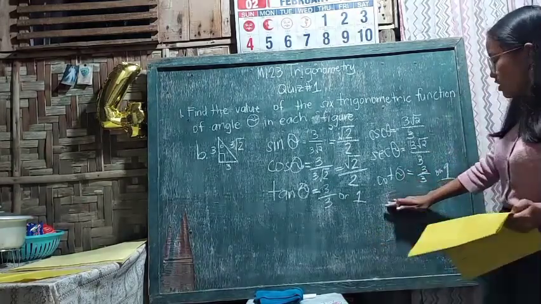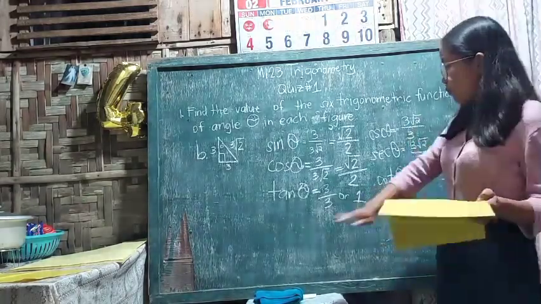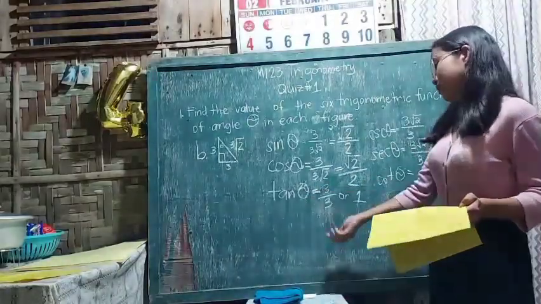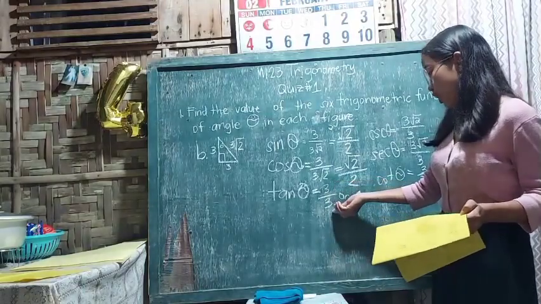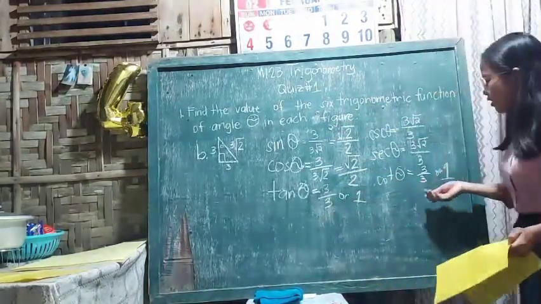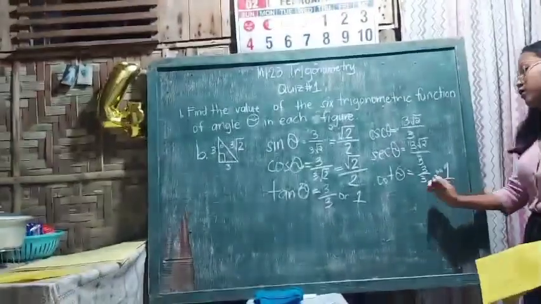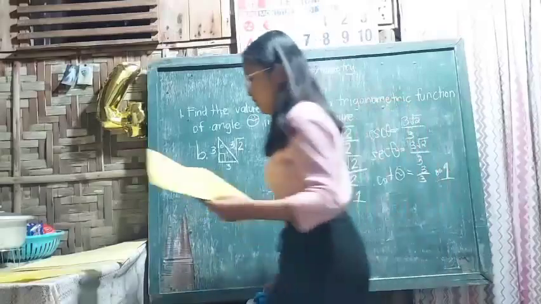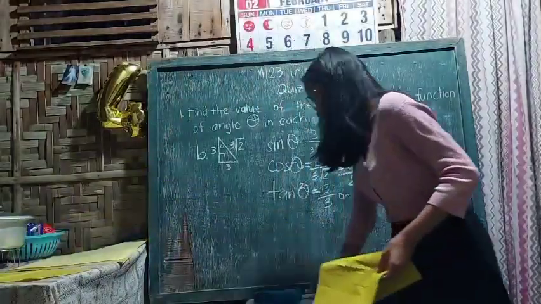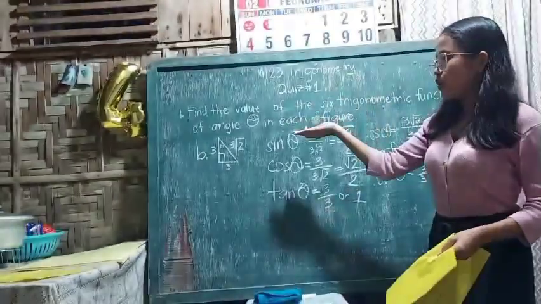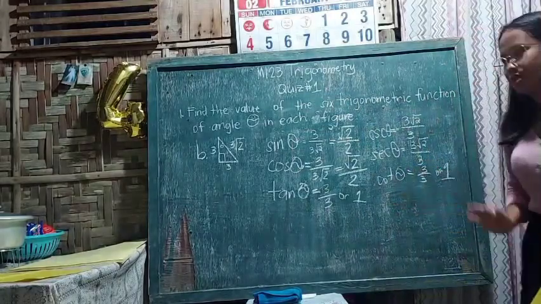Since our cotangent theta here is the reciprocal of our tangent theta, and our tangent theta has a value of 3 over 3, if you reciprocate it, it will still become 3 over 3. So our cotangent here is 3 over 3 or 1. So that would be the answers for item number 1 of quiz 1.